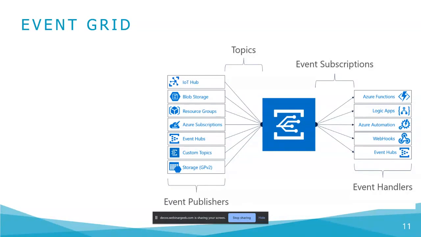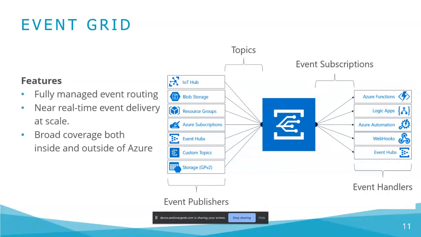Out of the box, you get the publish-subscribe pattern implemented in your cloud platform itself. The major features of Event Grid include fully managed event routing, near real-time event delivery at scale, and broad coverage both inside and outside of Azure. We will look into a practical example of Event Grid when we discuss the demo of Azure Functions.